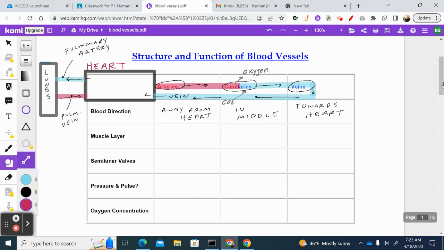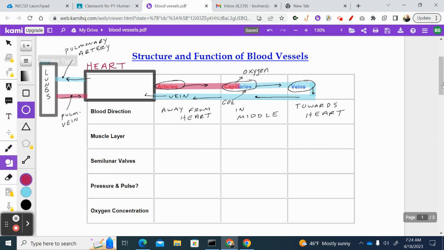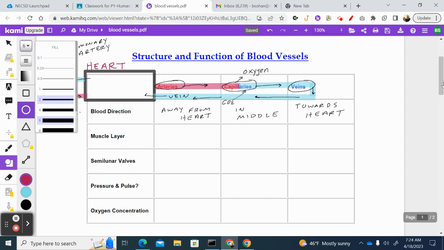If we were to draw an artery, we would do it... I'm going to erase that actually. We would do it like this.